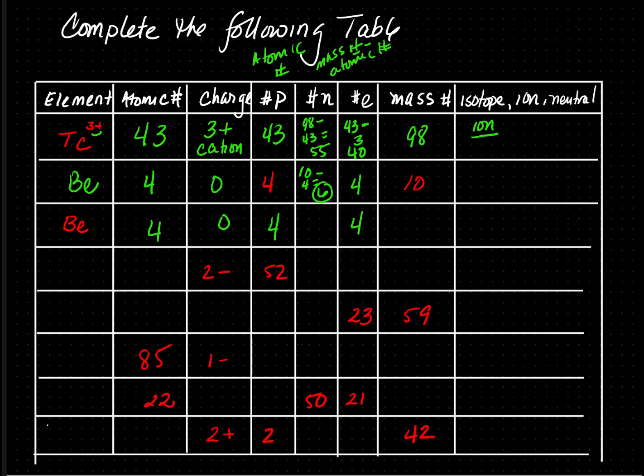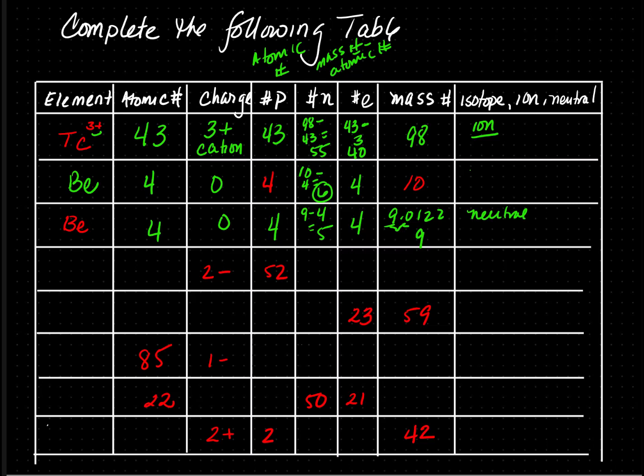Here, no neutrons or mass number is provided, so we look at the periodic table to find its atomic mass, which is 9.0122. Rounded to the ones place, it's 9. So our number of neutrons is the mass number minus the atomic number, or the protons, so this is equal to 5.